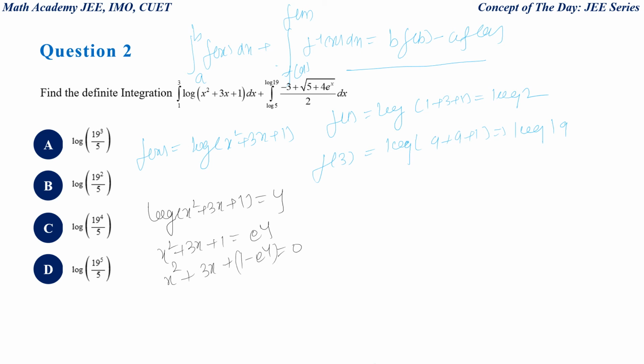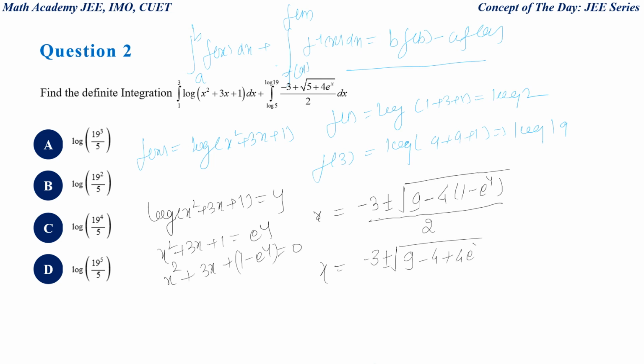The solution of this quadratic, x is equal to minus b plus minus under root b square minus 4ac, divided by 2, which is minus 3 plus minus under root 9 minus 4 plus 4 e to the power y, divided by 2.